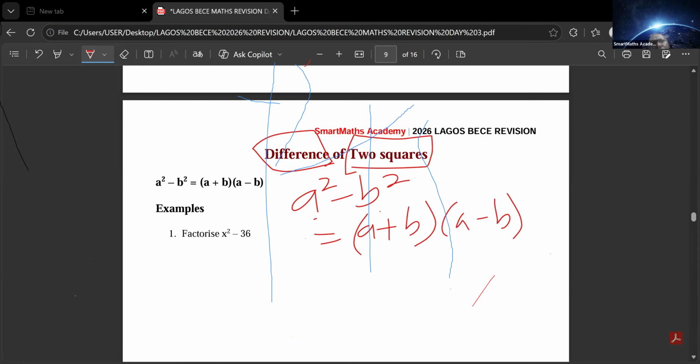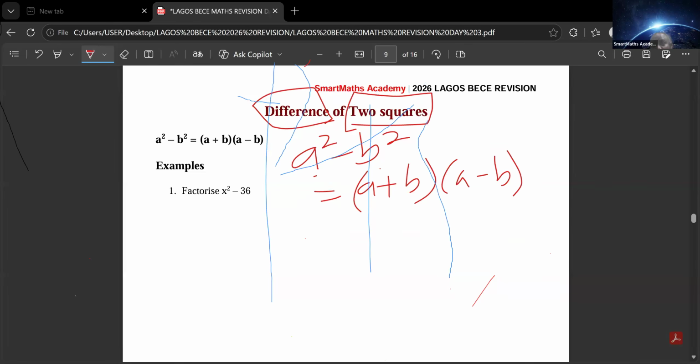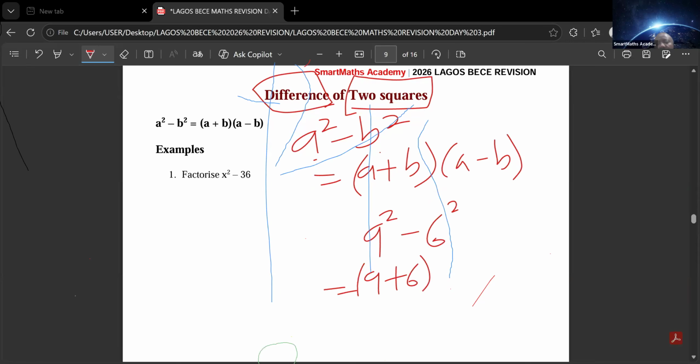Now, let's look at something to make it really get down to your brain. If I have 9 squared minus 6 squared, I want to apply this formula. I add 9 plus 6, open brackets, then 9 minus 6.